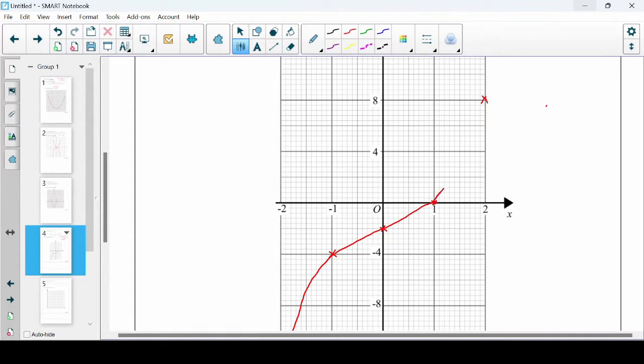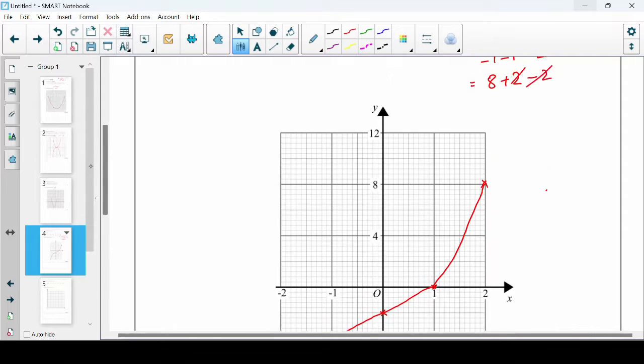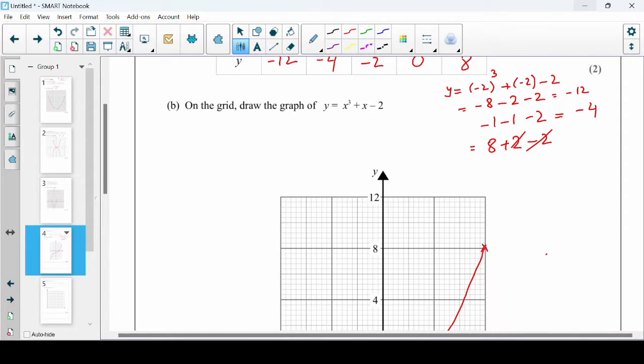So from here it goes up like this. So this is a cubic graph, and the cubic graphs have some characteristics.